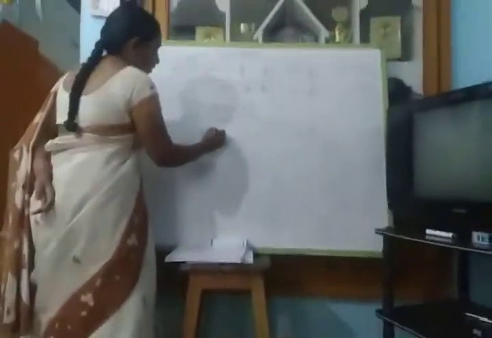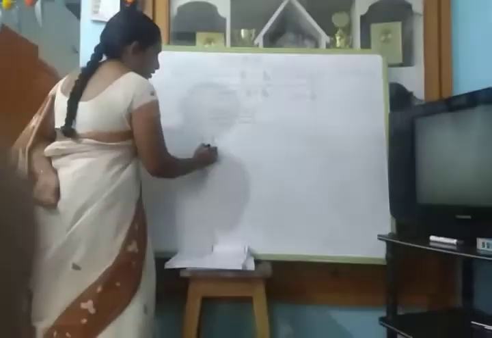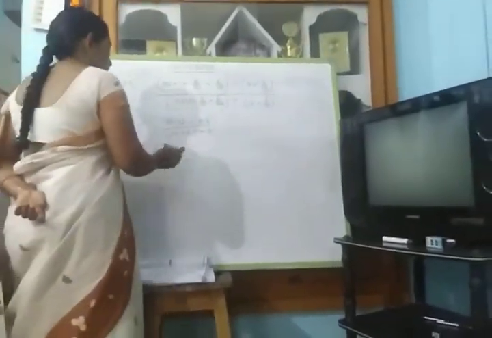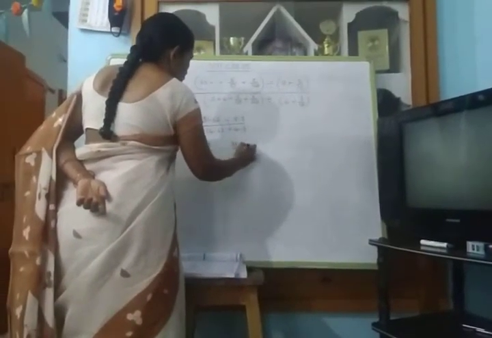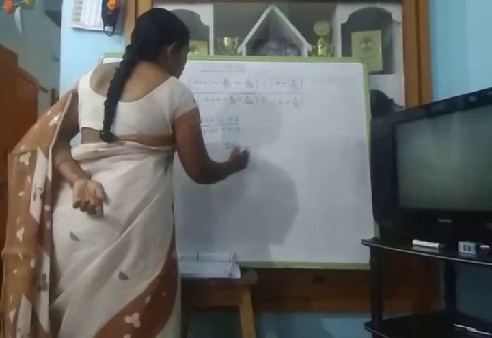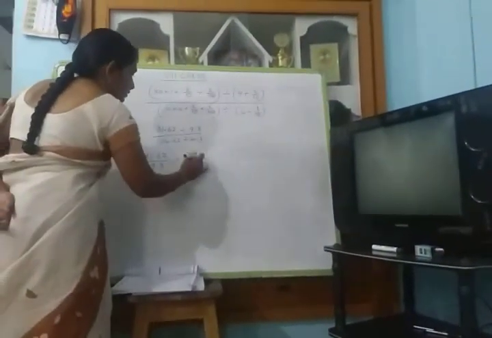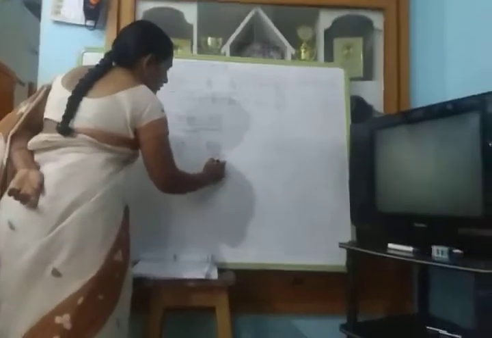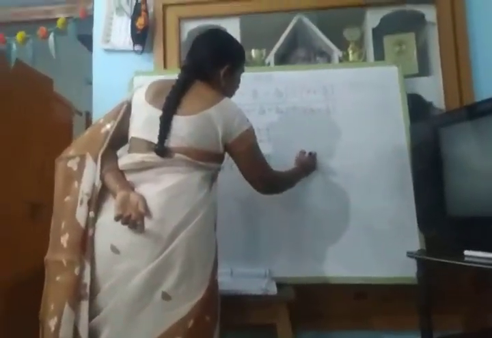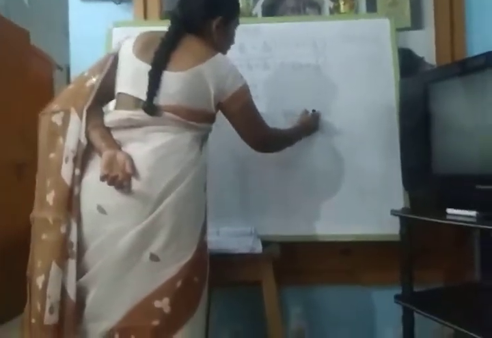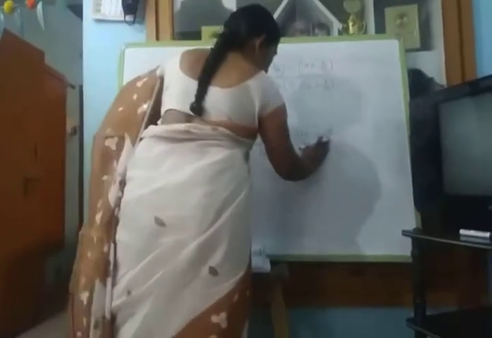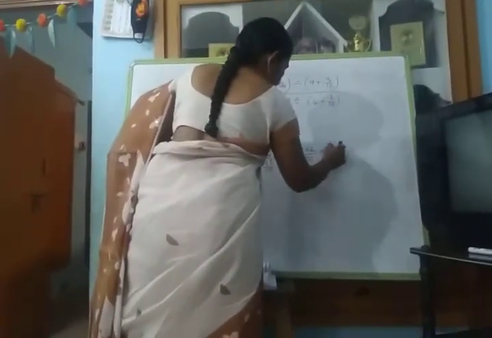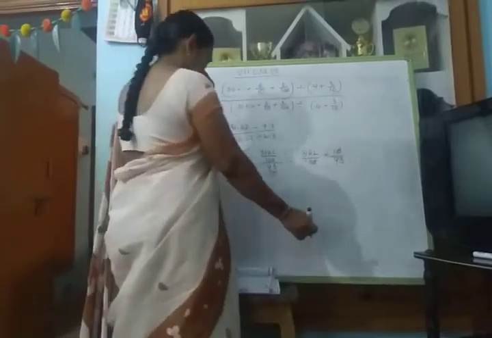First I am simplifying the numerator. 31.62 by 9.3, division. 31.62 is 3162 by 100. We can take the reciprocal now: first write 93 by 10. So what will you get? 3162 by 100 into 10 by 93. The 0 gets cancelled.